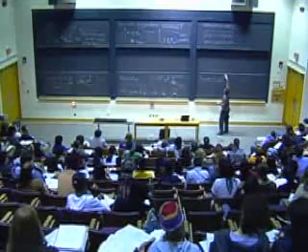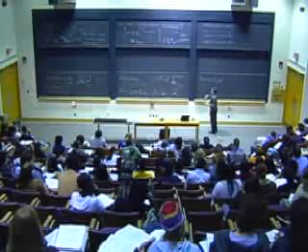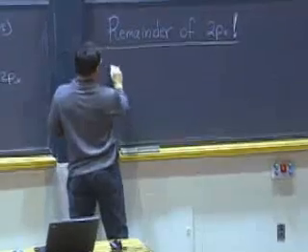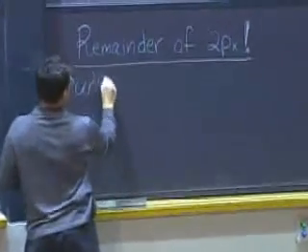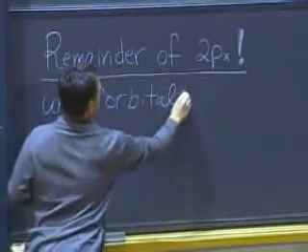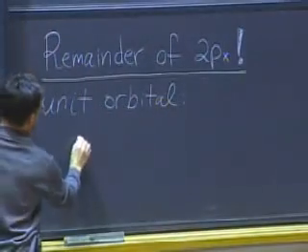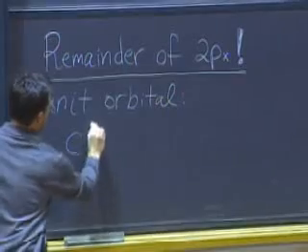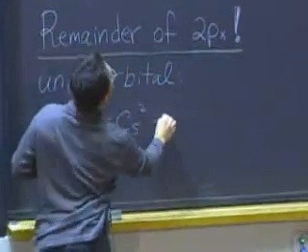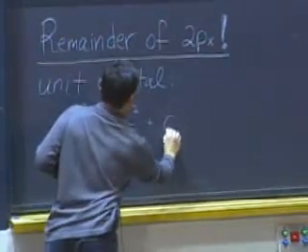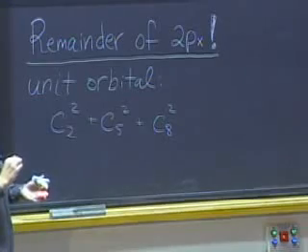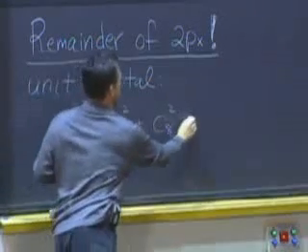So because we now know C2 is plus root 2 over 3, let's use this unit orbital idea in reference to px and say that C2 squared plus C5 squared plus C8 squared, these are all the coefficients that deal with the px contributions to these three hybrids, is equal to 1.